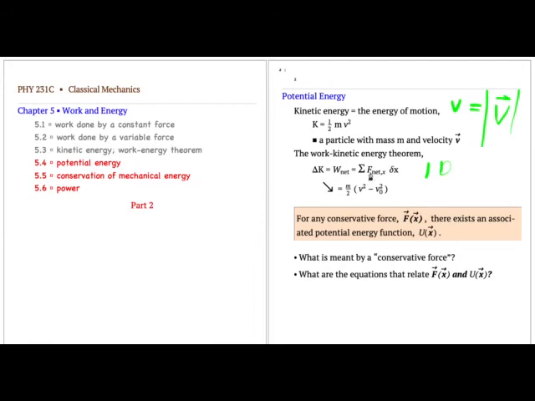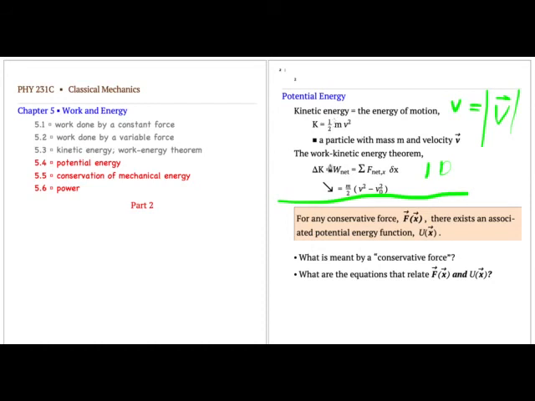It's the sum of all the forces that are acting on m. Now, in one dimension, that's just the sum of the forces. In more than one dimension, that would be the vector sum of the forces. All right, so that's already covered in part 1 of the video.